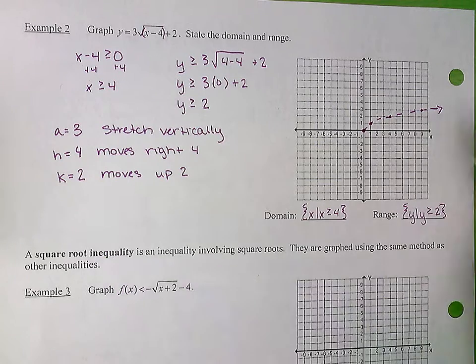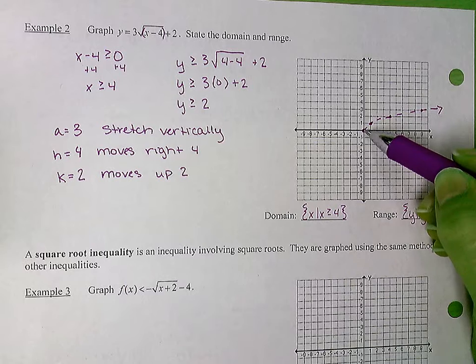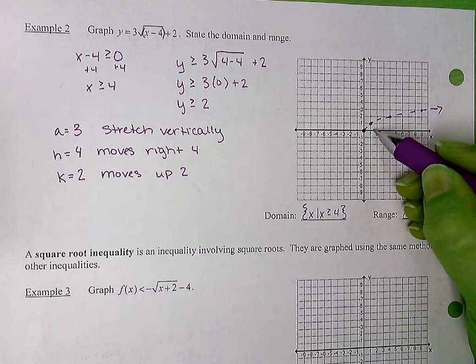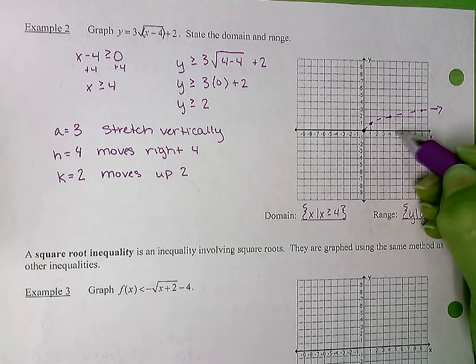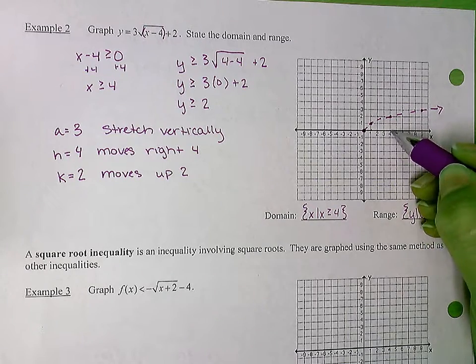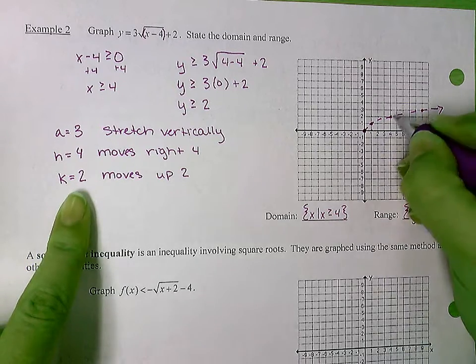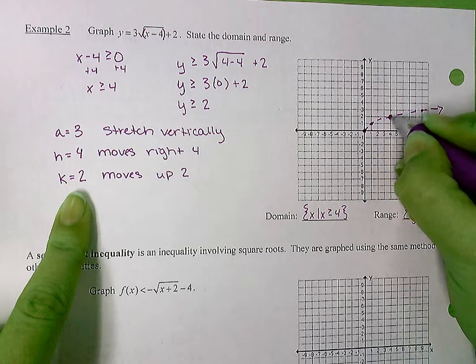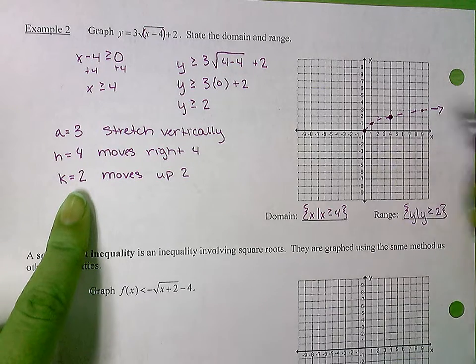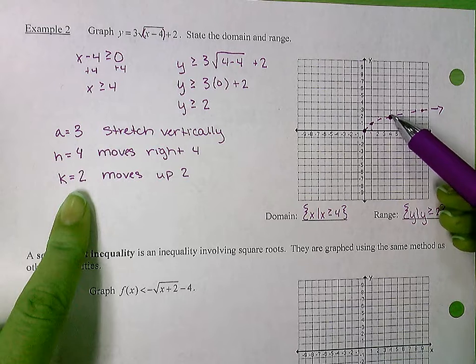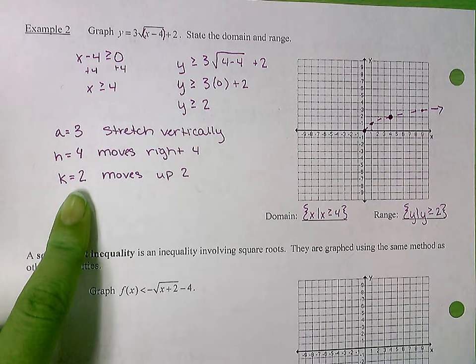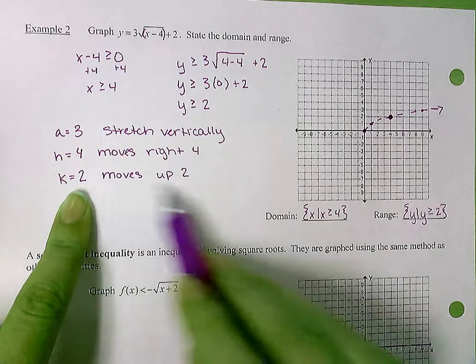I'm going to take this point and move it right 4 units: 1, 2, 3, 4. I also know that it moves up 2 units, so that would start here. So that's my new vertex point of this graph. I moved it right 4 and up 2.